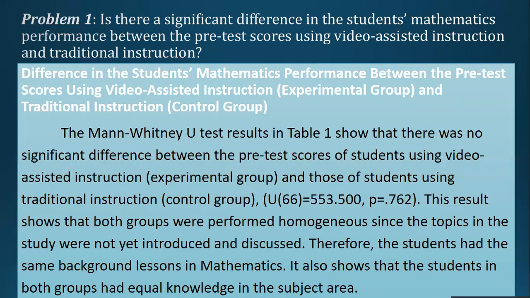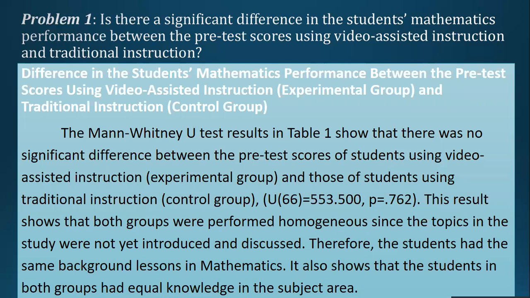So for the interpretation and conclusion, the difference in the students' mathematics performance between the pre-test scores using video-assisted instruction for the experimental group and the traditional instruction for the control group.